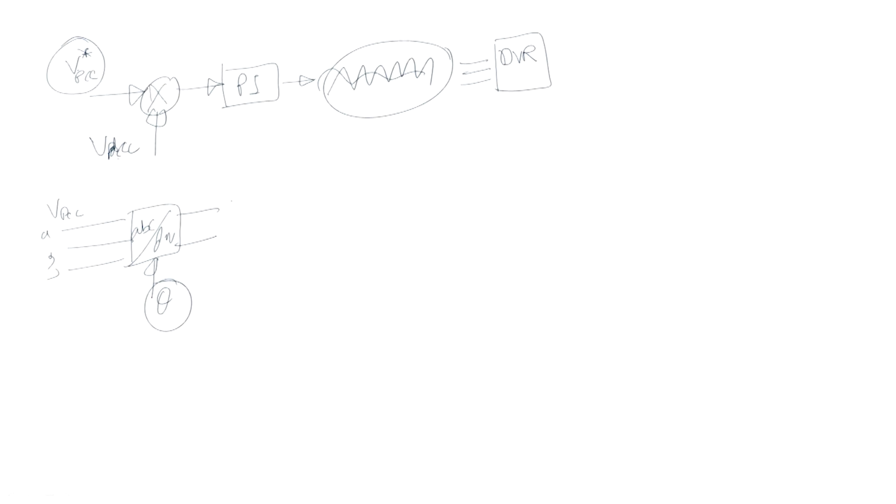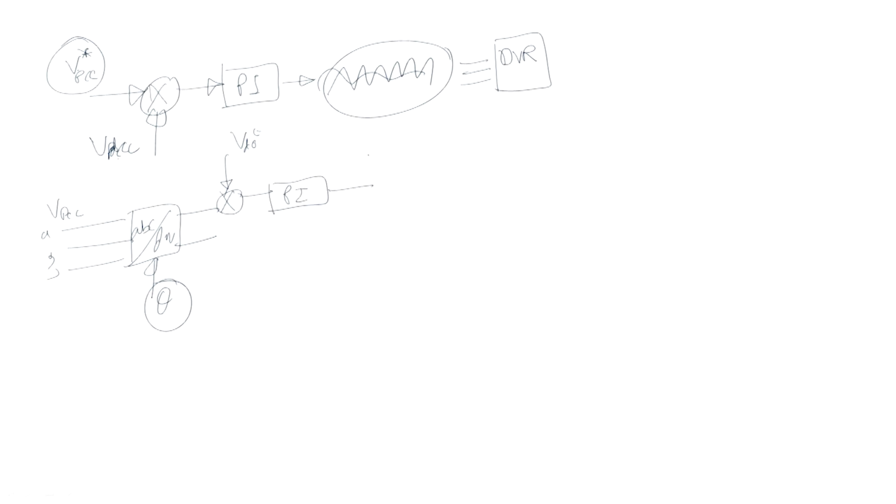Generally Q does not count. So, you get some value of this voltage and this is your VDC reference. So, you use a PI because PI works better in DC.